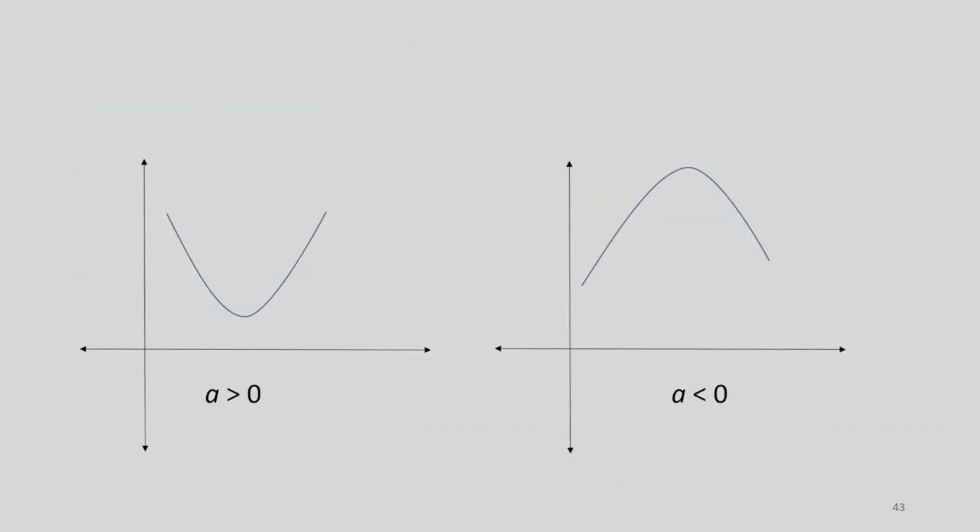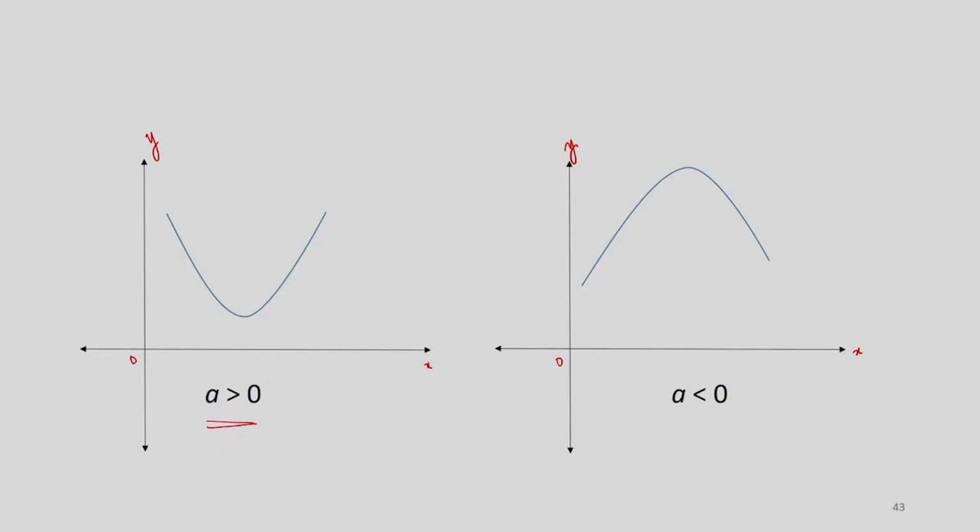Okay, here are the shapes of two arbitrary quadratic functions. Let me just write the axis. In the first case, where you have a roughly U-shaped quadratic function, you need the coefficient of x² to be positive.